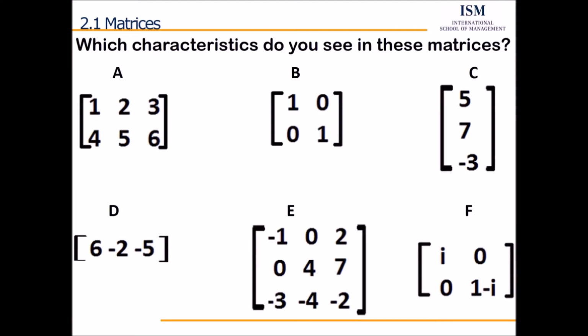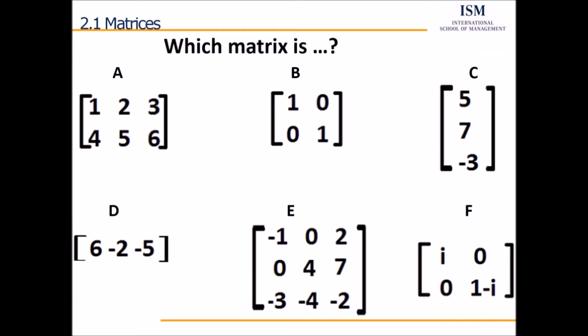Now you know the main features of matrix. Answer these questions, please. Which characteristics do you see in these matrices? Which matrix is a row vector? Which matrix is a column vector?